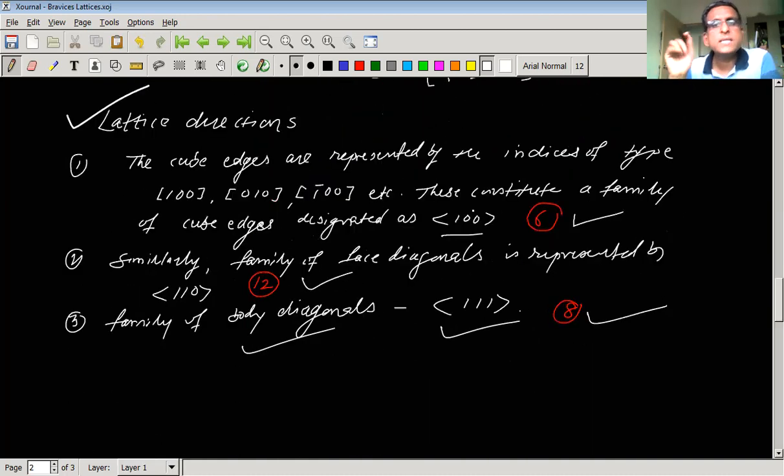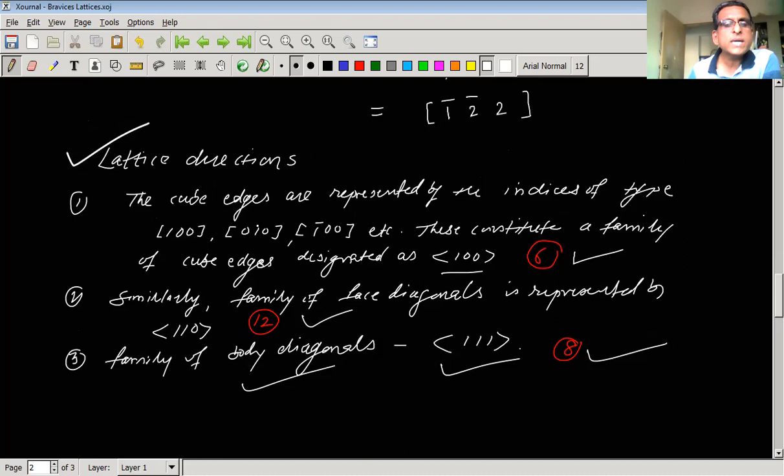We know that there are in total 12 edges of the cube, and accordingly we can group all the directional indices of the cube edges in a single bracket and write them as <1 0 0>.